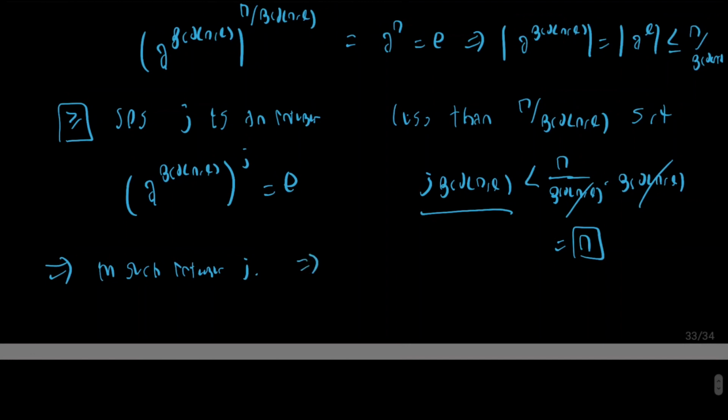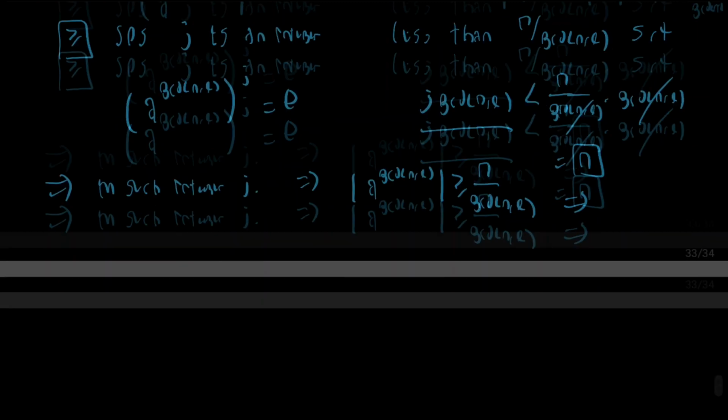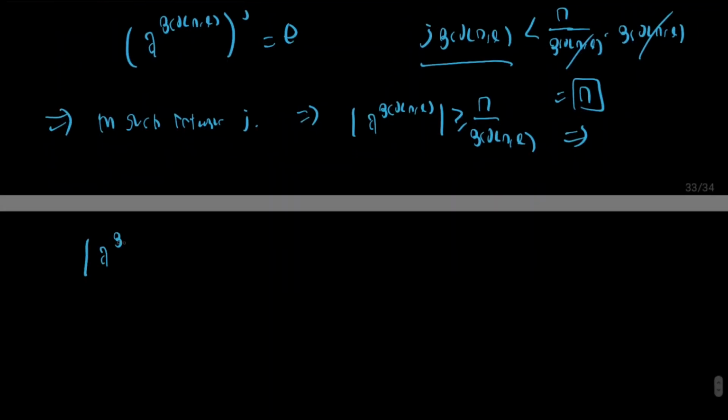And so we have concluded that the order of A to the GCD of n and L is greater than or equal to n over the GCD of n and L. So in other words, the order of A to the GCD of n and L, which is equal to the order of A to the L, is equal to n over the GCD of n and L. And this concludes the proof.